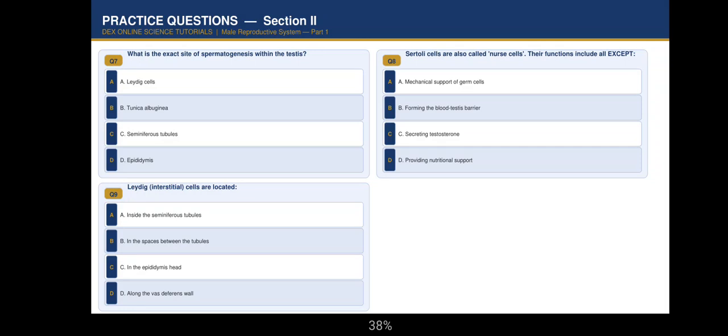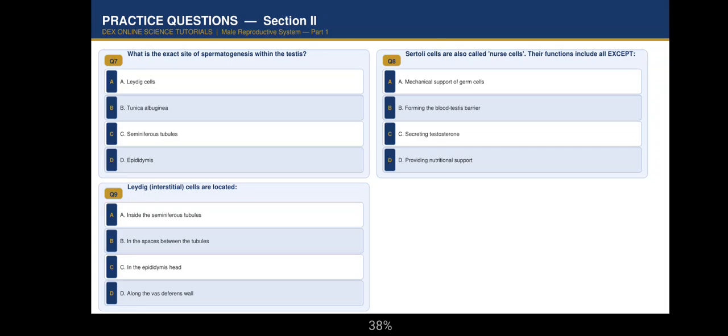What is the exact site of spermatogenesis within the testis? You can see the options. Option A, Leydig cell, B, tunica albuginea, C, seminiferous tubules, and D, epididymis. The answer is what? The seminiferous tubule, that's where spermatogenesis takes place.